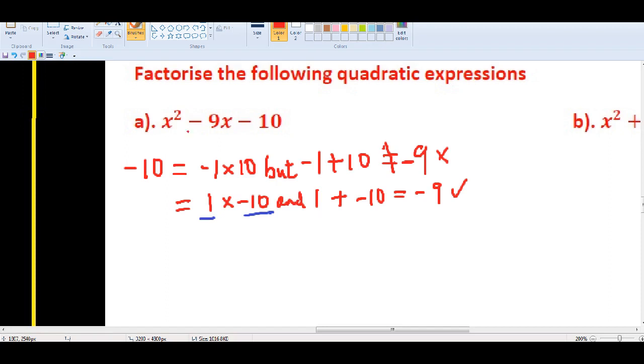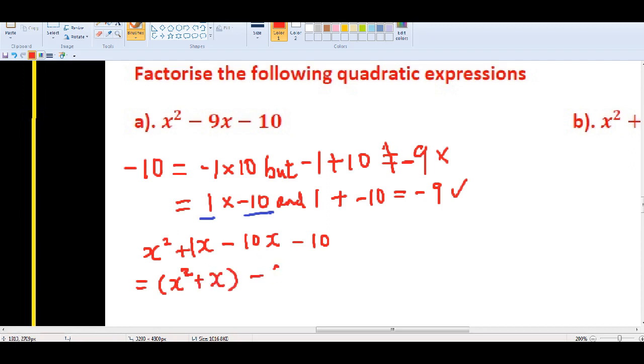So let's separate the minus 9x into plus 1x, minus 10x. 1x minus 10x, is it minus 9x? Yes. Remember, the first two terms you can always group them.